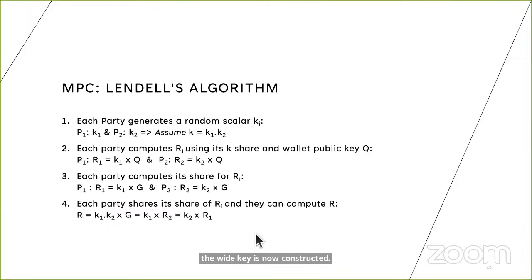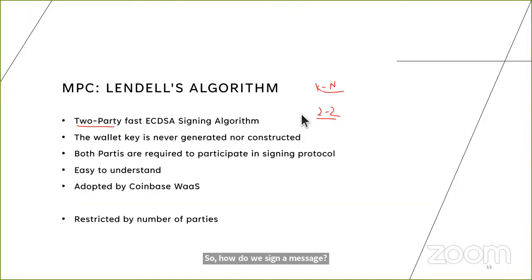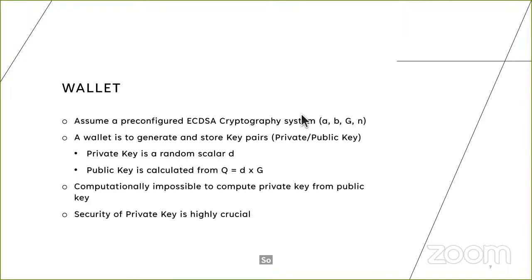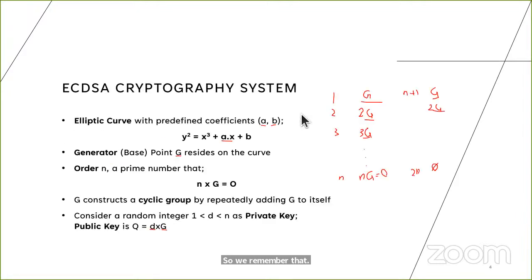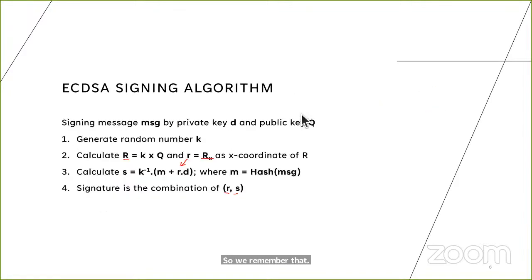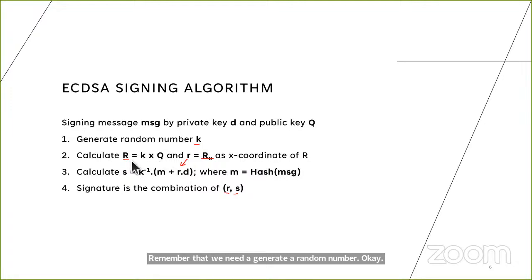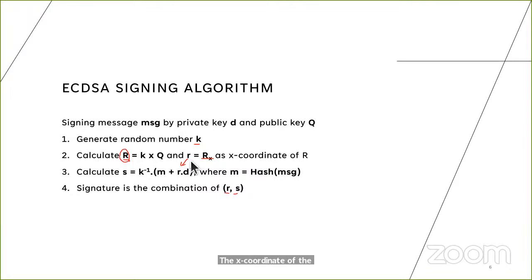So how do we sign a message? We remember that we need to generate a random number, K, and multiply it by the public key Q, and get R. The X coordinate of R is the signature's r parameter.